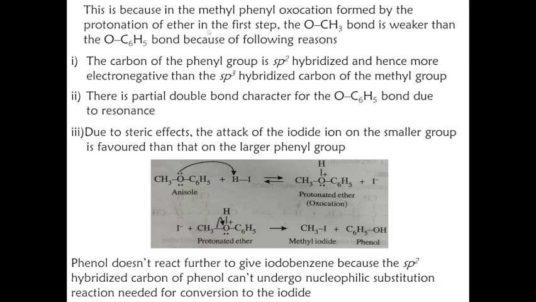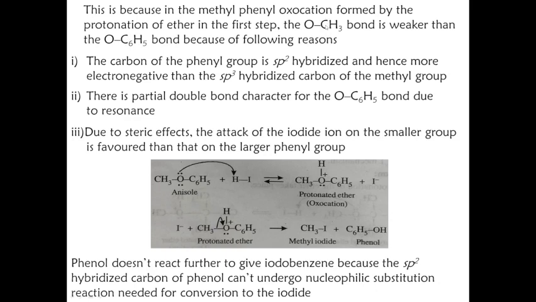The major reasons are, first, the carbon of the phenyl group is sp2. Phenyl group means benzene ring. Carbon is sp2 hybridized and hence more electronegative. So this carbon is more electronegative as compared to this carbon, because this is sp3 hybridized.